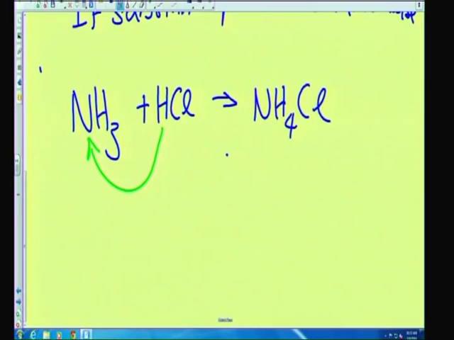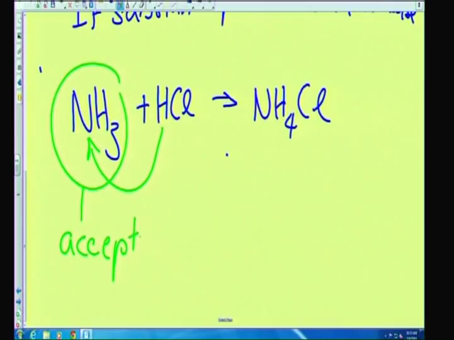So what's ammonia doing in this particular case? Ammonia is accepting hydrogen ions. There's no formation of H+. There's no formation of OH-.